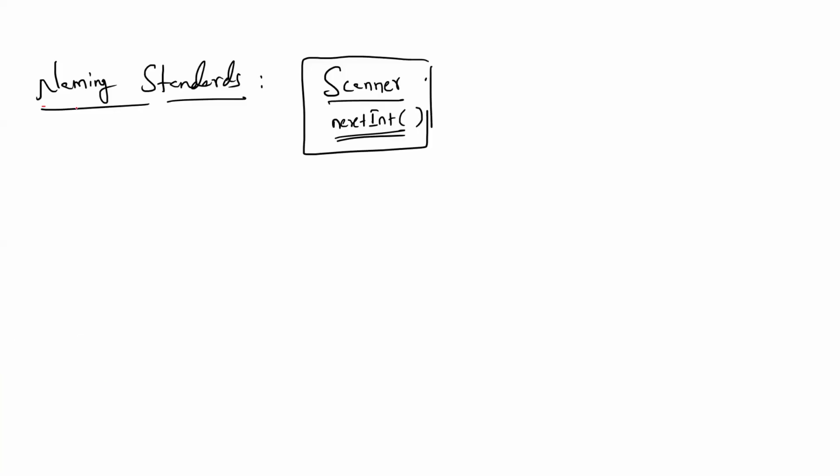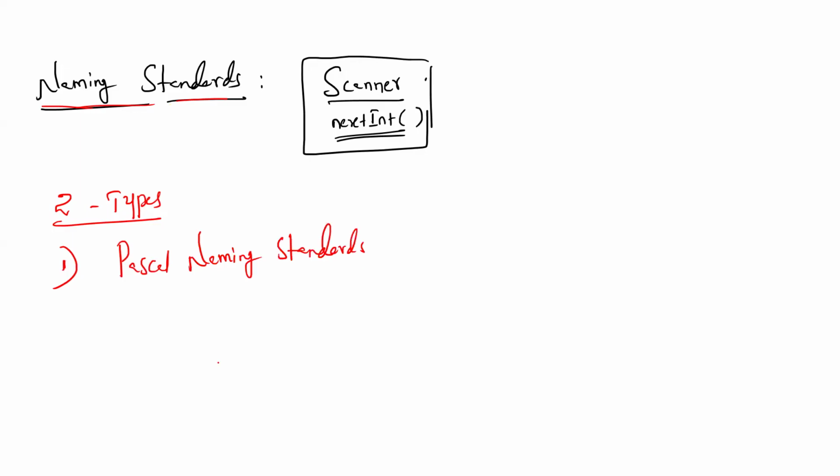There are two types of naming standards in Java. One is Pascal casing or Pascal naming standards, and one more is Camel naming standards.